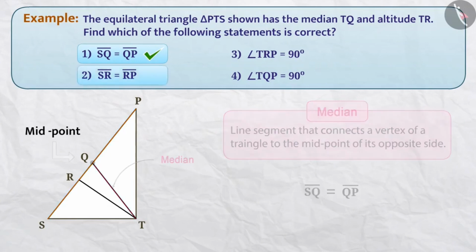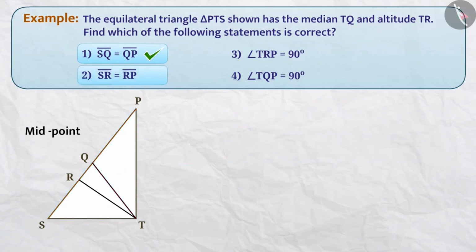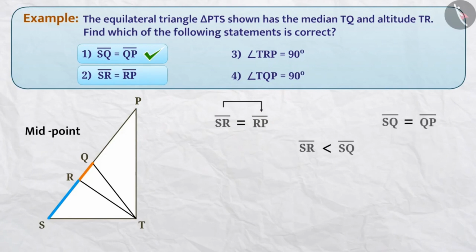Now let's talk about the second option. Suppose the lengths of line segment SR and line segment RP are equal. As you can see here, SR is smaller than SQ. If this option is correct, then we can put RP in place of SR. Similarly, as we saw, SQ is equal to QP, so we can put QP in place of SQ.